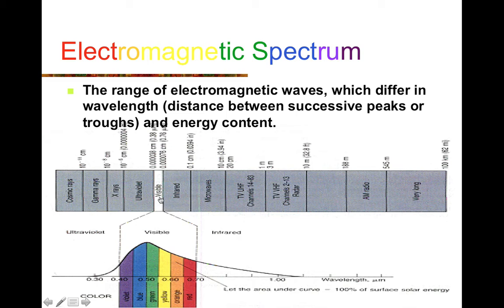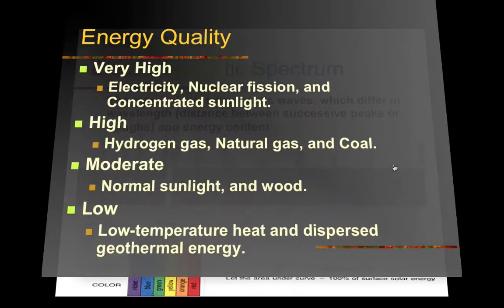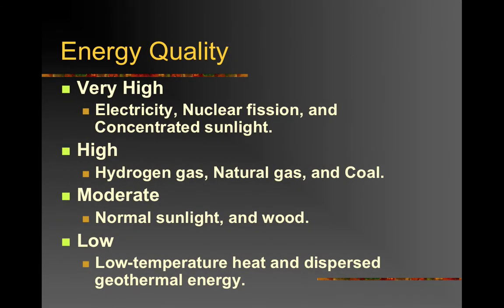And that's the visible spectrum. But then you have these other areas down here. It gets slower and slower and slower, longer wavelengths, lower frequencies. And to identify that, frequencies are how many waves pass in a given second.